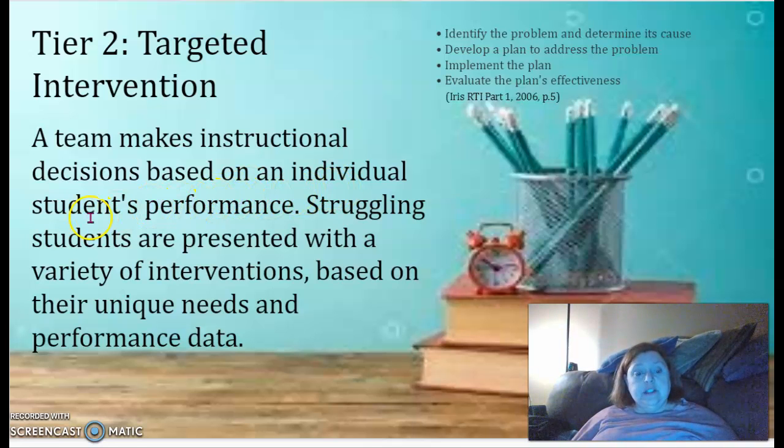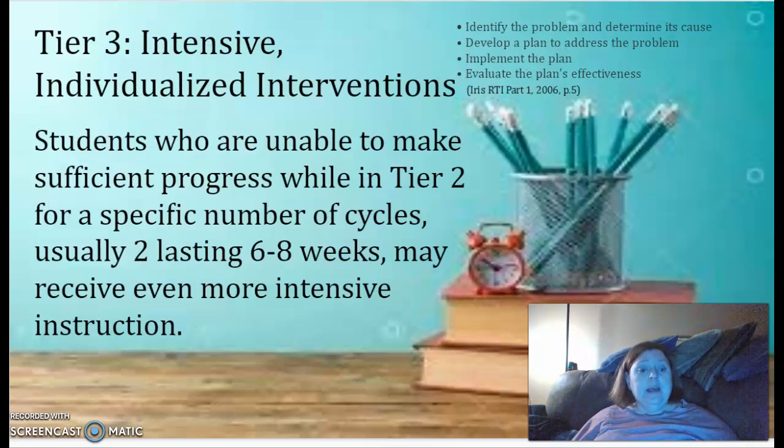If students are still struggling, then they can see what exactly is happening in comparison to the students who are in Tier 3. Students who are unable to make sufficient progress can be moved to Tier 3, and the opposite is where Tier 3 students who make good progress can be moved into the Tier 2 category.